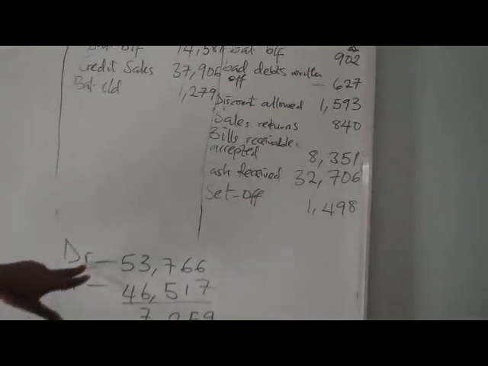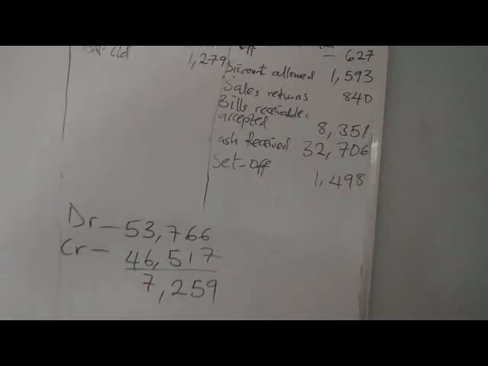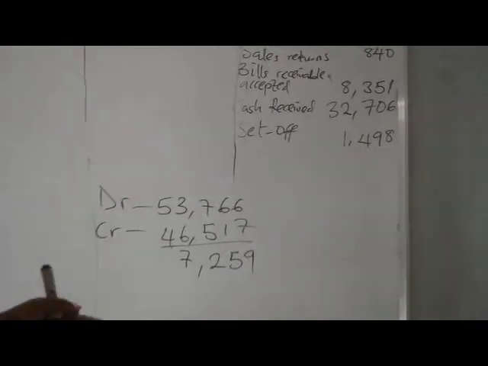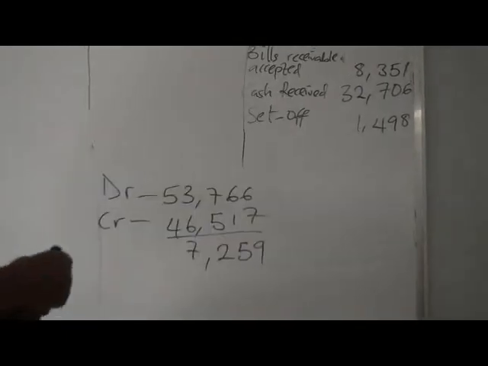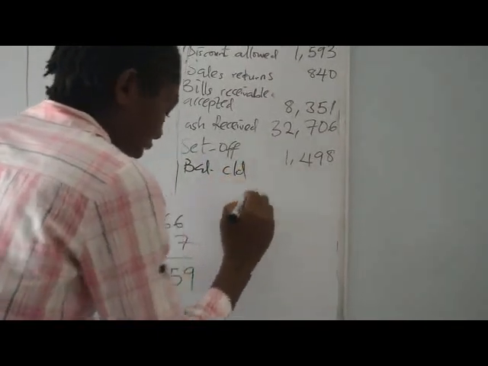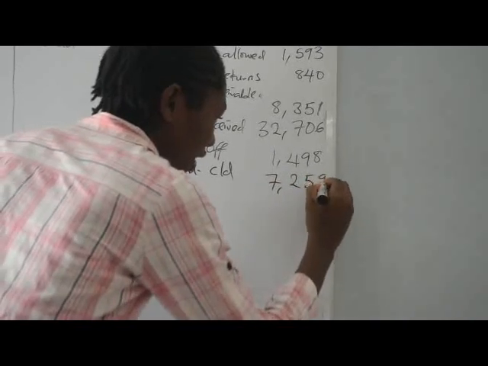Now, since our debit side is bigger than our credit side, it means the balance is a debit balance, okay? But for it to be a debit balance, that means the balance brought down will be on our debit side. That also means the carry down will be on our credit side, okay? So we'll be entering our balance carried down, okay, which is 7,259.